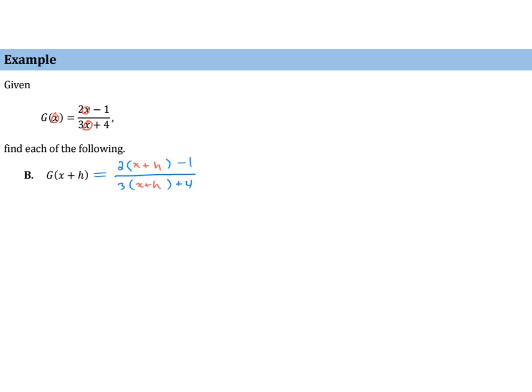Now we distribute and simplify. 2x plus 2h minus 1 all over 3x plus 3h plus 4. Notice there are no like terms, so we cannot collect any like terms. Likewise in the denominator. And so we are finished.